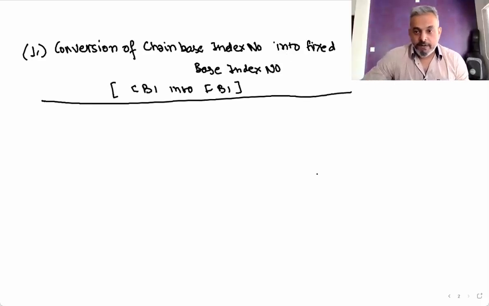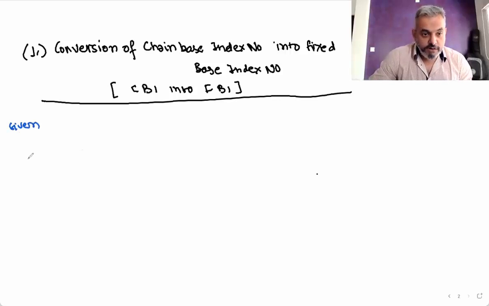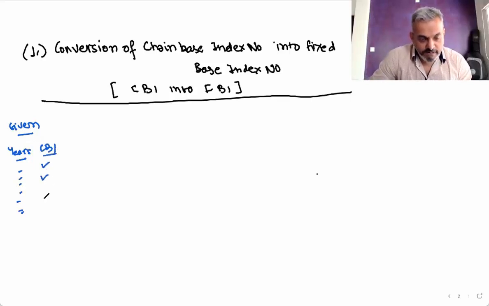Formula is very simple. Now see, here we want to convert chain base into fixed base. So what will be given in the question? In the question, it will be given, say for example, various years, and you will be given CBI. Chain base index number will be given to you.